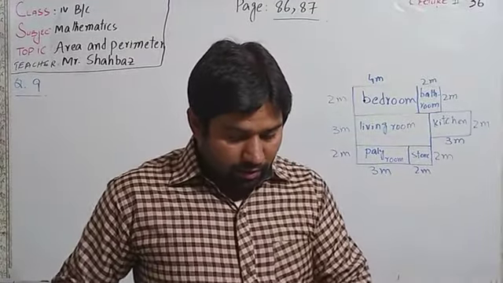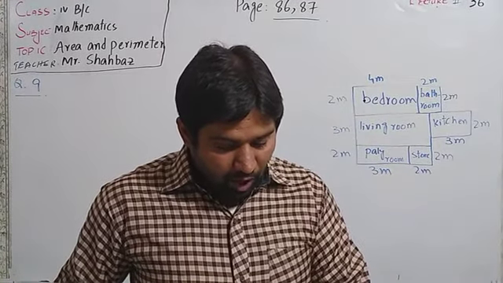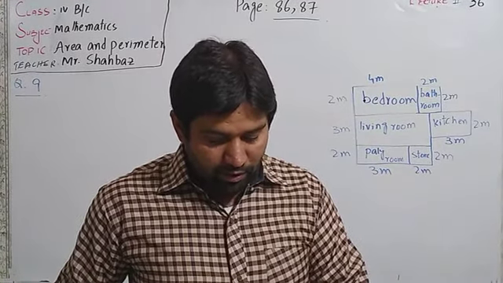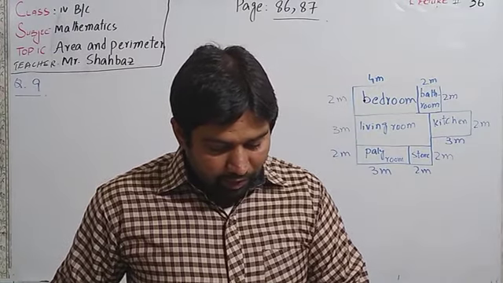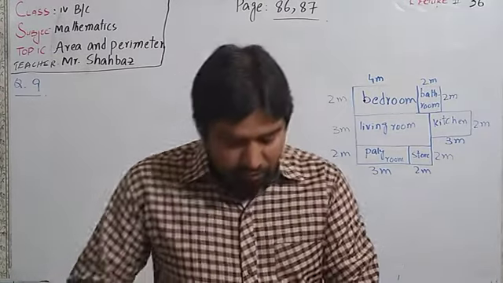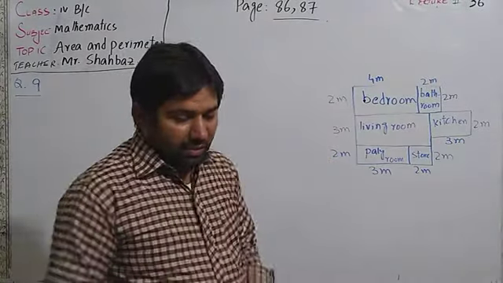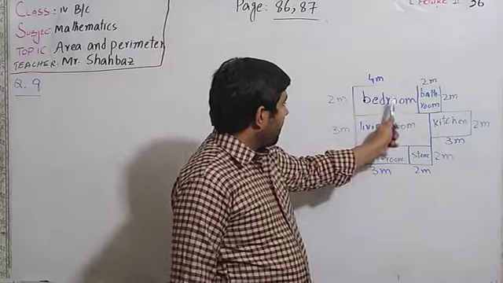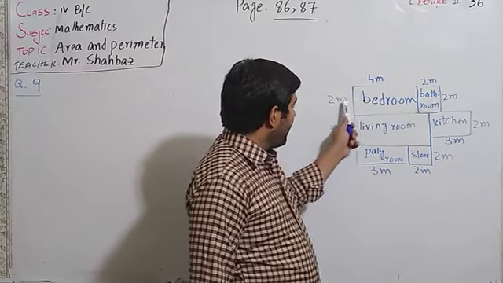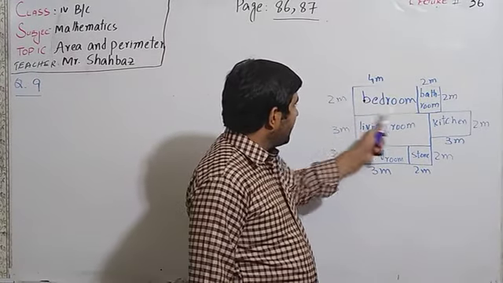Question 9: Sid hopes to build a house on the moon in 2020 CE and live there for a period of 6 months. This is the plan of his house. Bedroom will be 4 meter long and 2 meter wide.